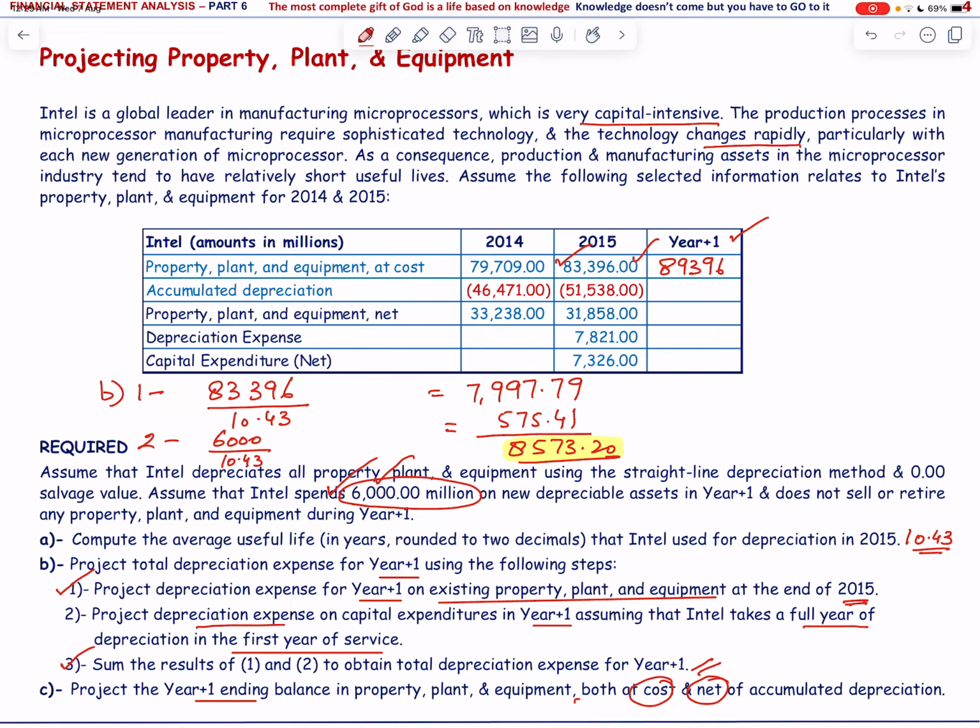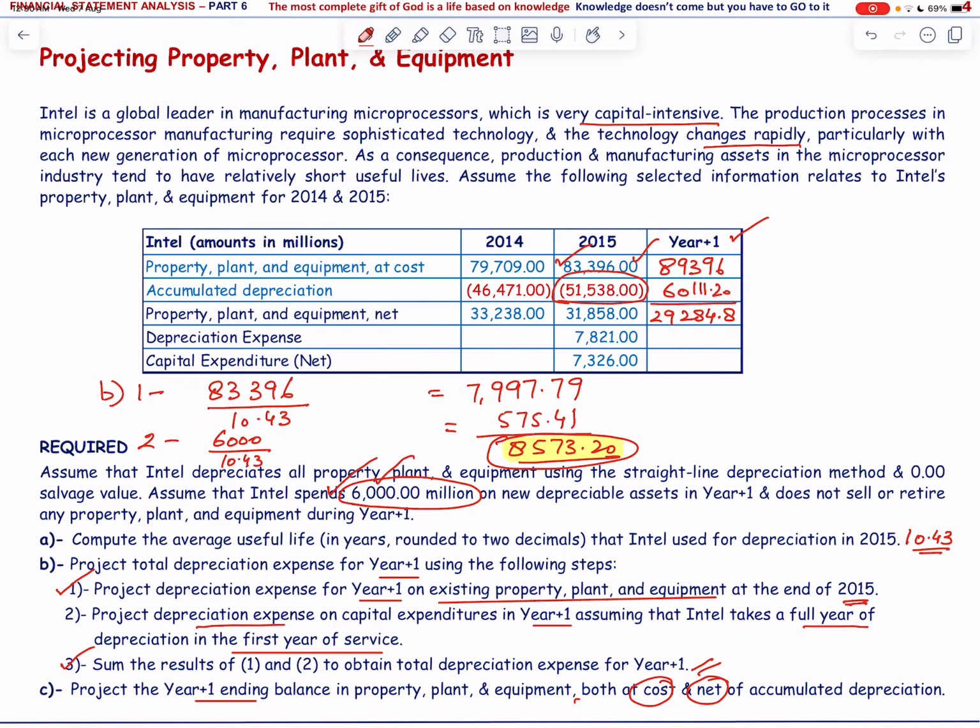And then the accumulated depreciation will be the depreciation for the year 2015 plus the depreciation that we have calculated over here, 8,573.2. So this will be equal to 60,101.20. And when we subtract, the net property, plant, and equipment will be 29,284.8.